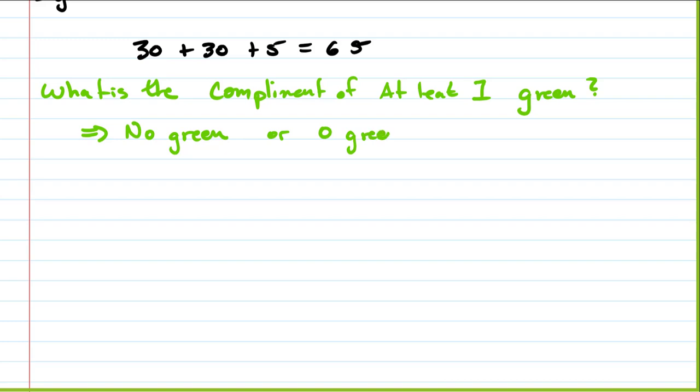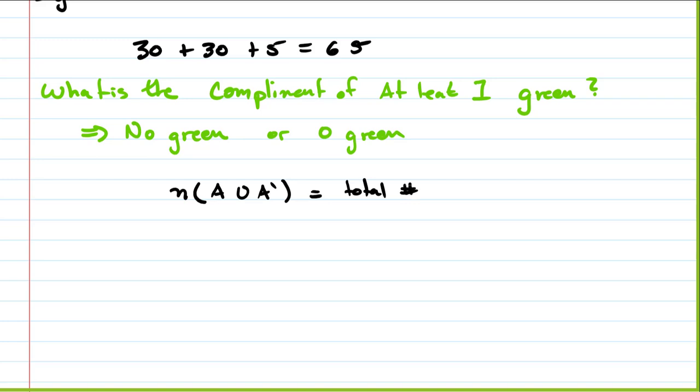How can we use that to help us? What did we learn about complements and counting? So one of the things that we learned is that the number of things in A union the number of things in A complement has to equal the total number of things.